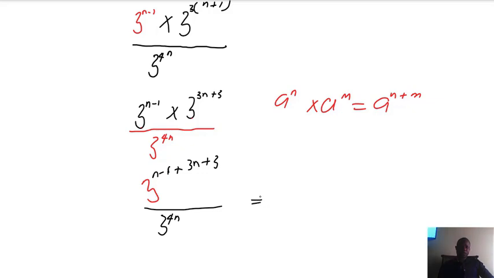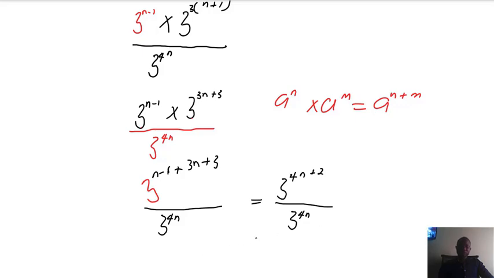Okay, so this will give us 3 at the numerator being the base, n plus 3n will give us 4n. Then minus 1 plus 3 will give us plus 2, all over 3 exponent 4n.